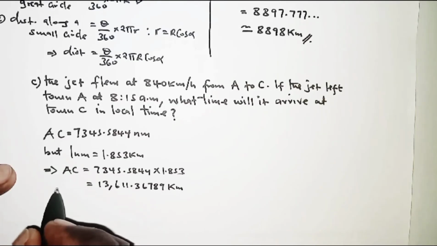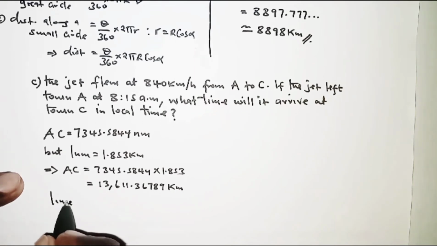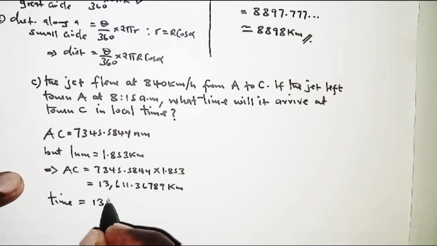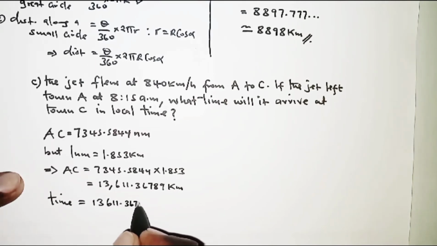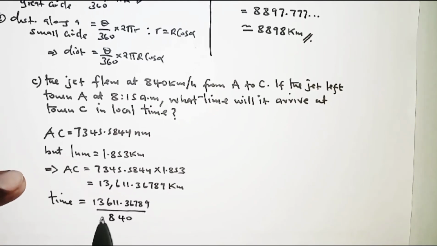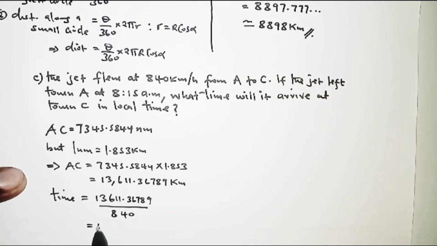And the time taken to cover the distance is given by distance over the speed, and the distance is 13,611.36789 kilometers all over the speed, and the speed we are given as 840 kilometers per hour. So this should be 16.204 hours, which is also expressed as 16 hours, 12 minutes.